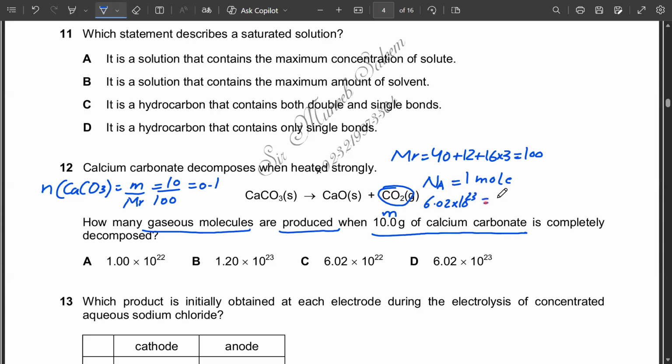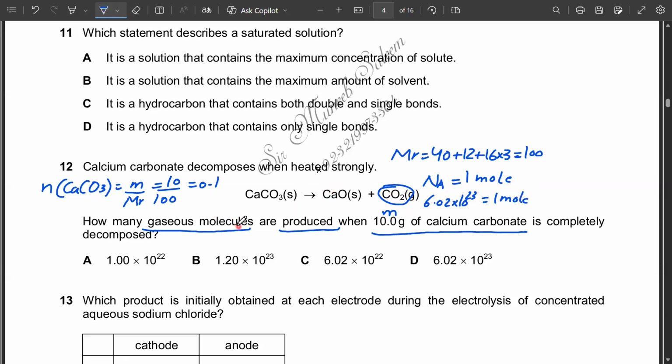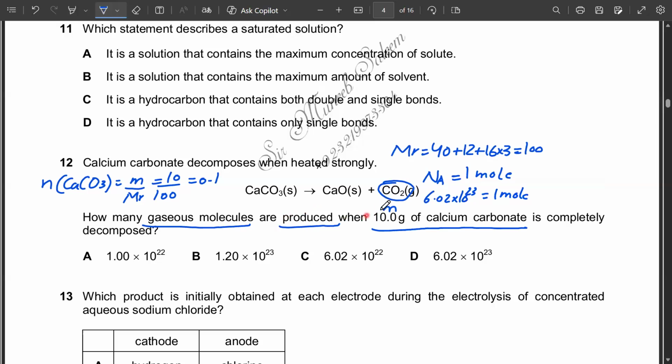This is equivalent to 1 mole. And in our previous calculation, we got 0.1 mole. Now, we have to find how many moles there will be for carbon dioxide if we are given 0.1 mole.